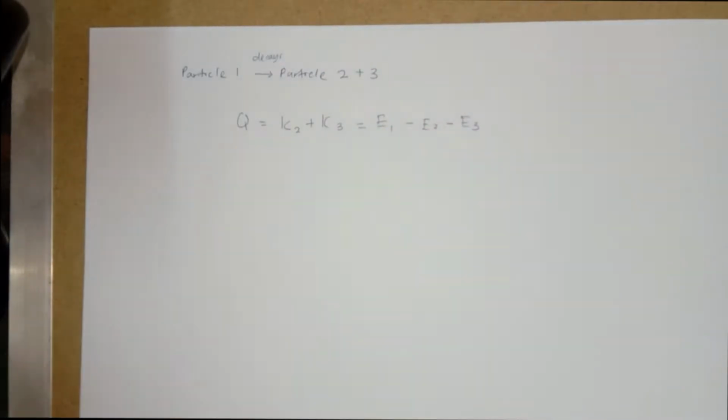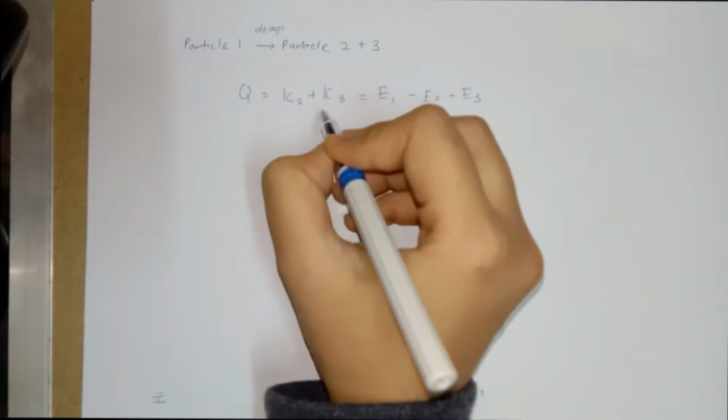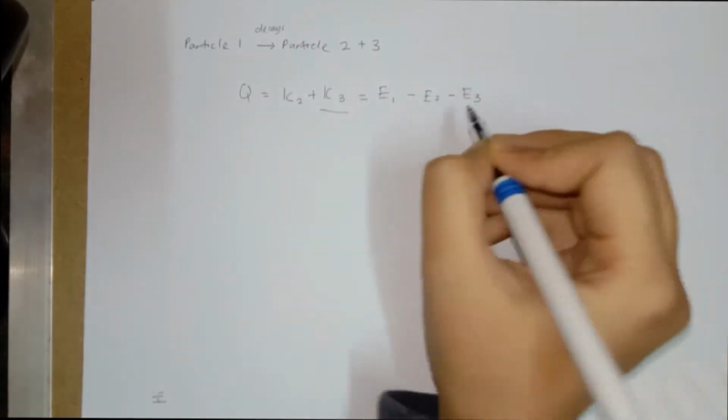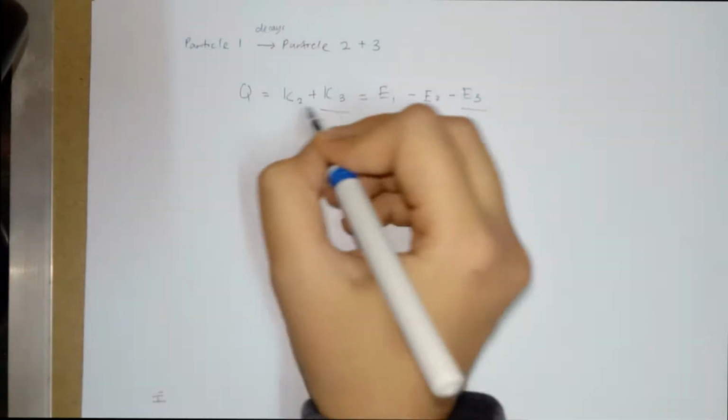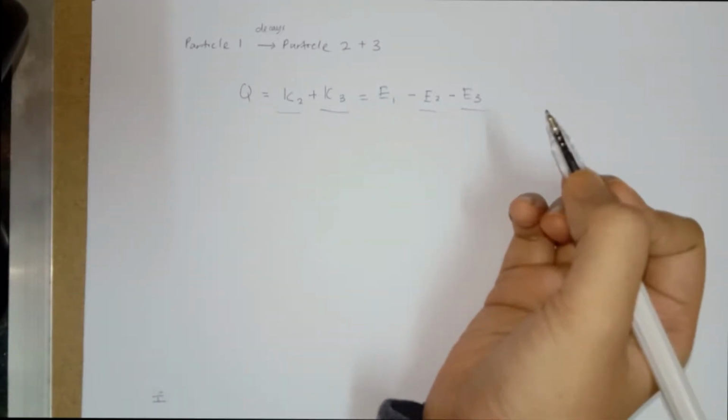How to start this? To start proving, you have to rearrange this equation. You want K3 to be with E3, and K2 you want to put together with E2. So let's rearrange the equation.